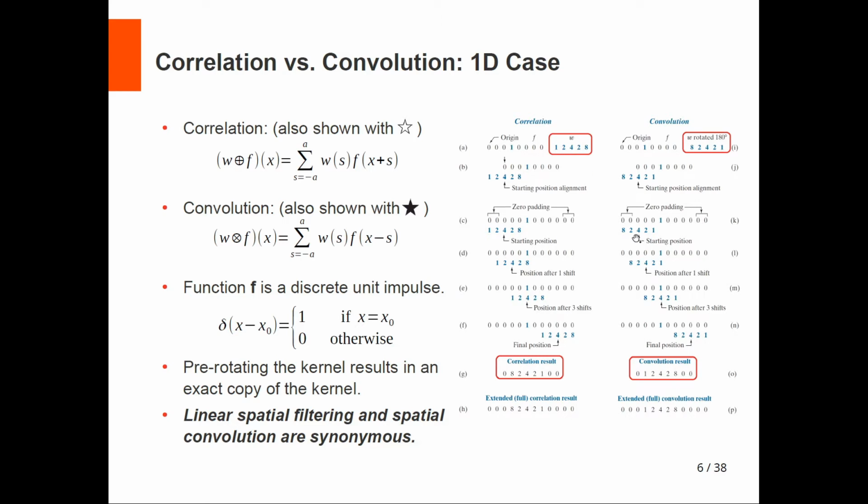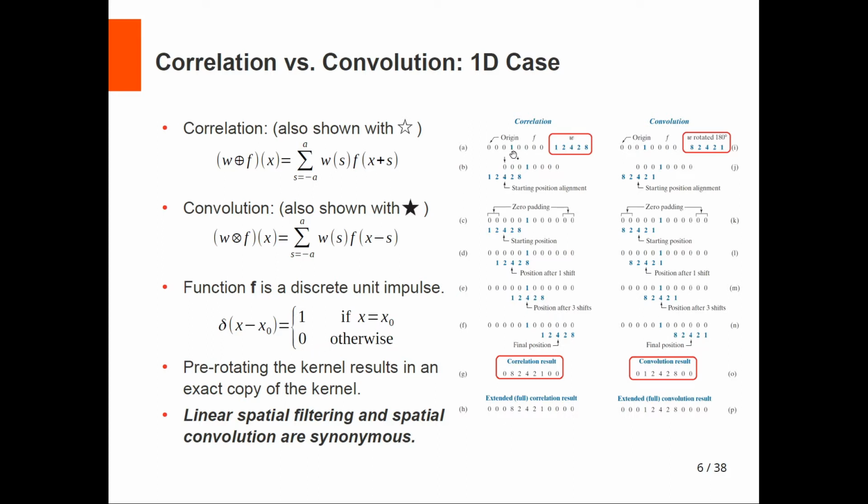One thing that you notice is that our image has only one value that is non-zero, and this is generally considered to be a discrete unit impulse. The general definition for such a function is mentioned here: delta of x minus x0 is 1 if x is equal to x0, but it's 0 otherwise.